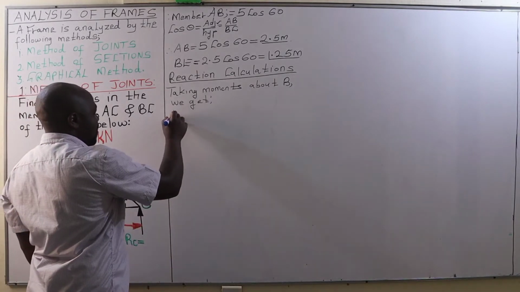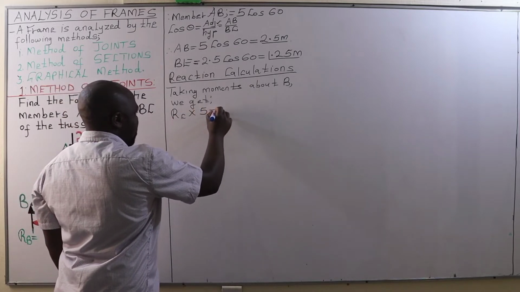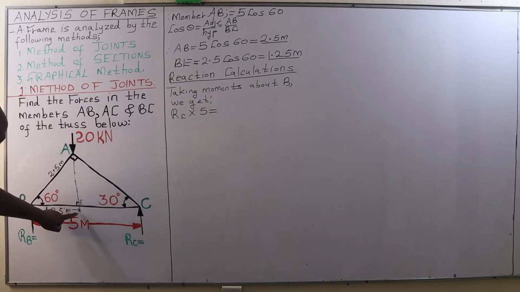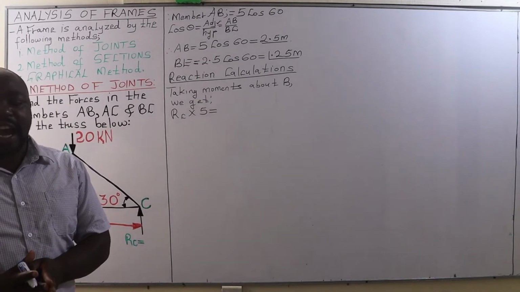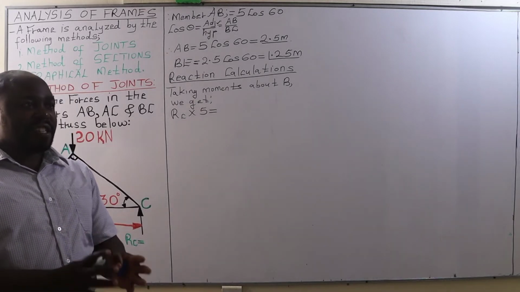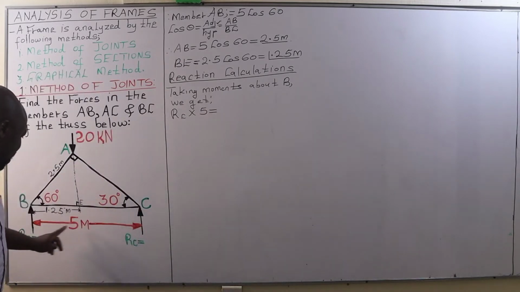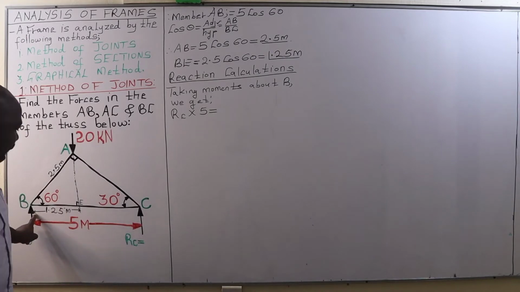Therefore, we have RC times 5 being equal to 20 times 1.25. Remember, the sum of clockwise moments is equal to the sum of anti-clockwise moments. Anti-clockwise moment, RC times 5. Clockwise moment, 20 times 1.25.